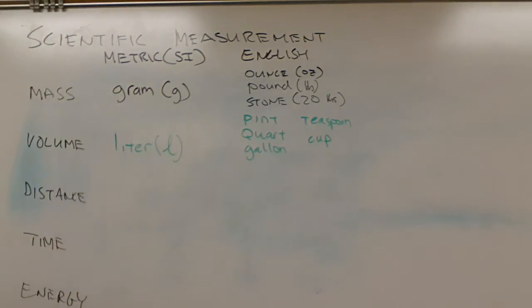We have a lot of different ways of measuring volume in the English system. Again, the metric is nice because it just puts it down to one specific measurement.